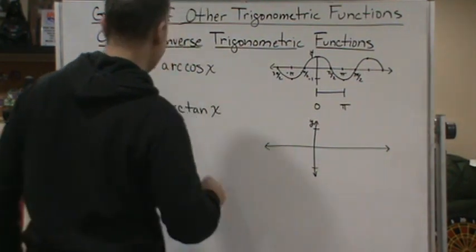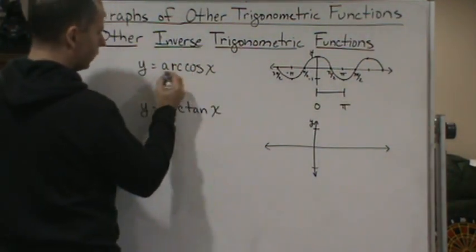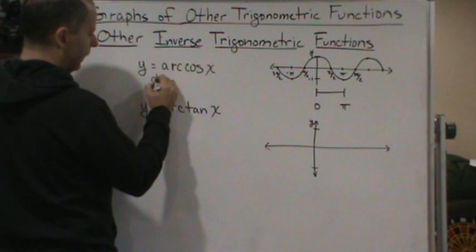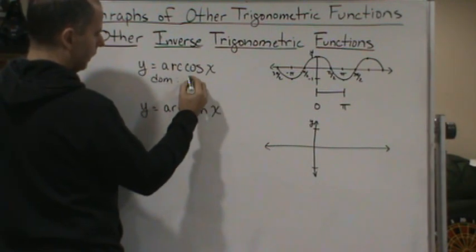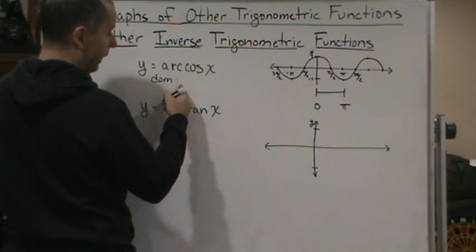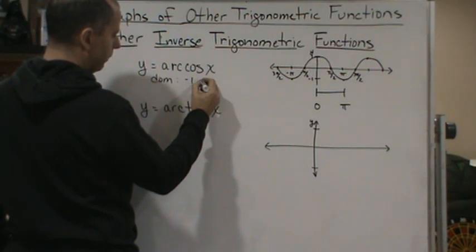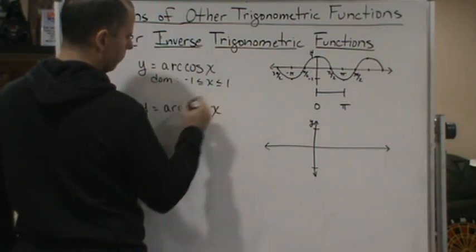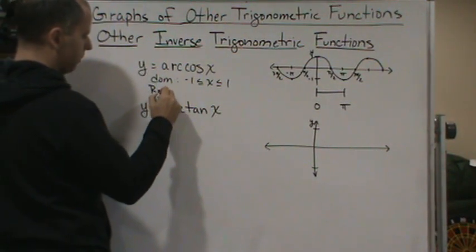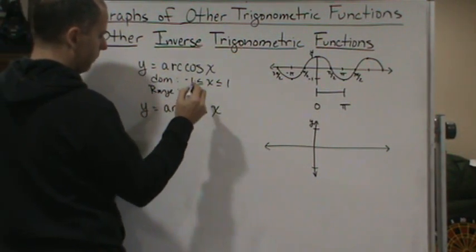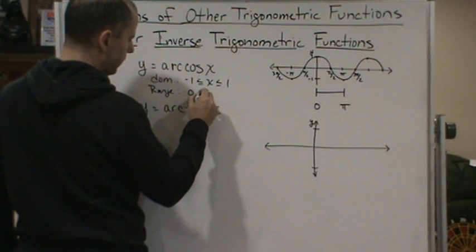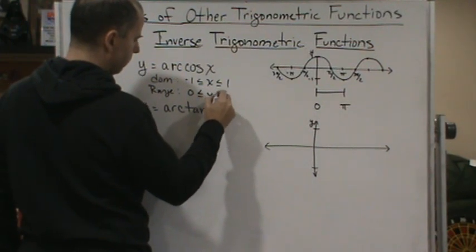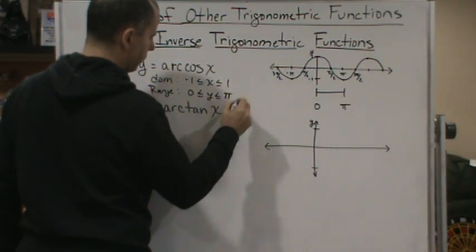So in this case here, for our cosine, the domain is going to go from -1 to 1, right? The range is going to go from 0 to pi.